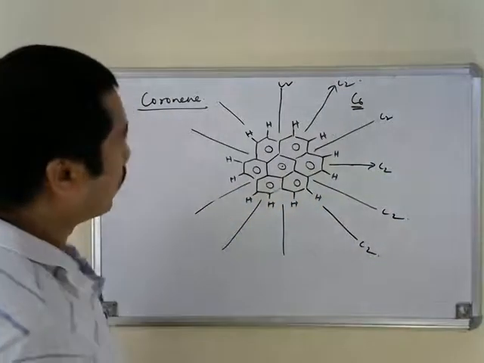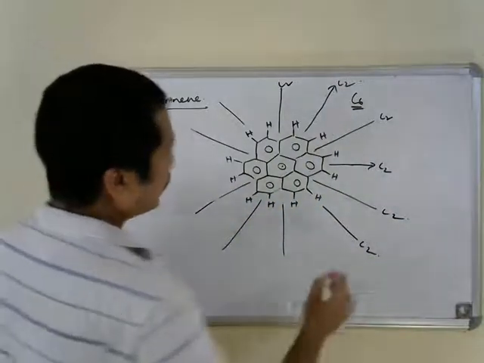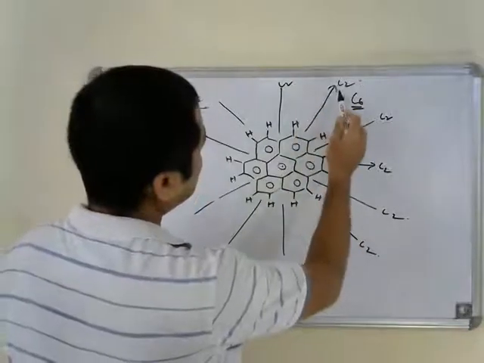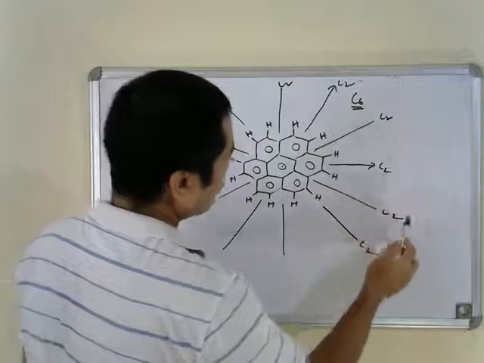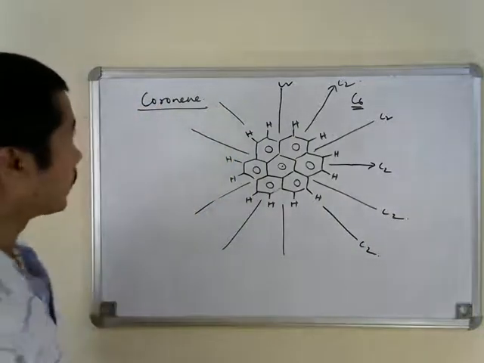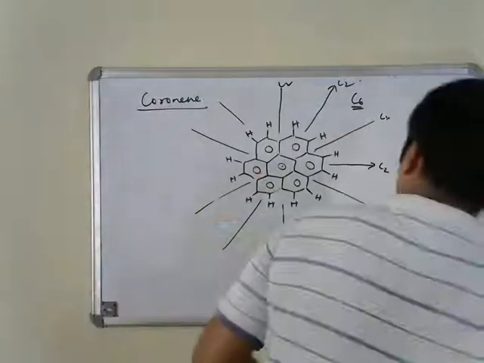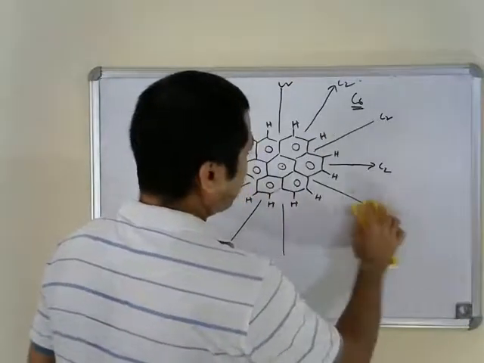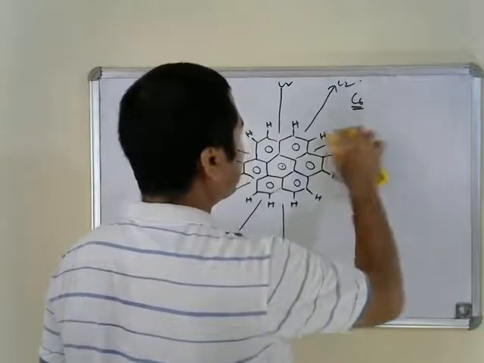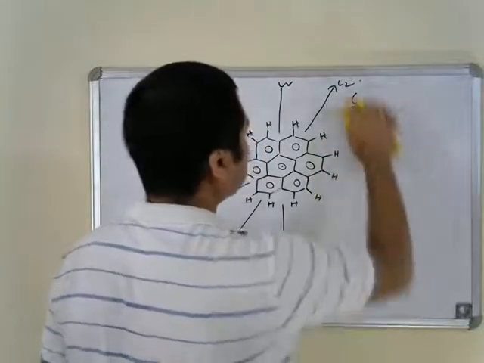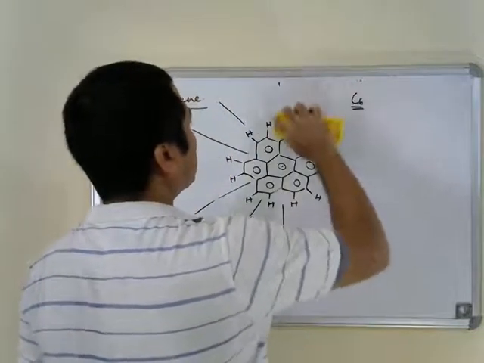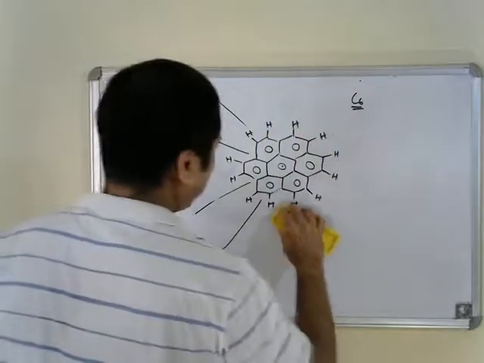So these are all the C2s that we have labeled. In total there are 6 C2s that we have seen. This is one, this is the second, third, fourth, fifth, and sixth. So 6 C2 axes of symmetry are present in this molecule. So it belongs to the D type of point group, because we have a C6 axis, and perpendicular to the C6 there are 6 C2 axes of symmetry.